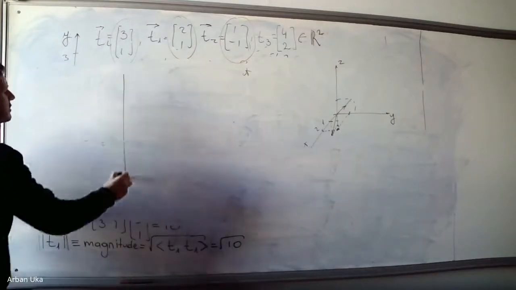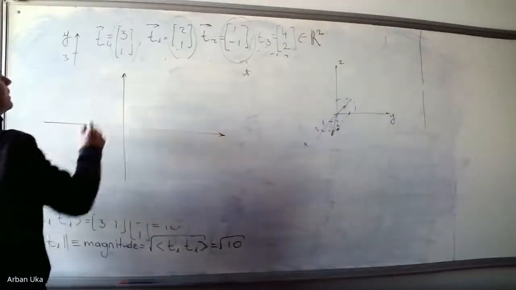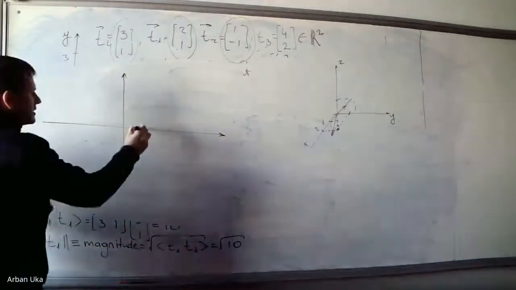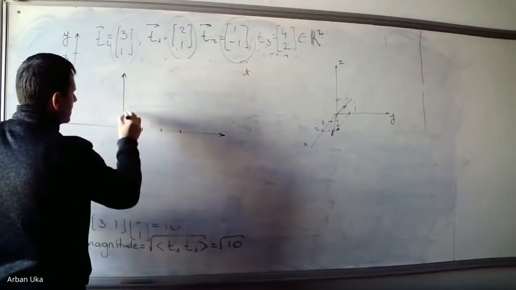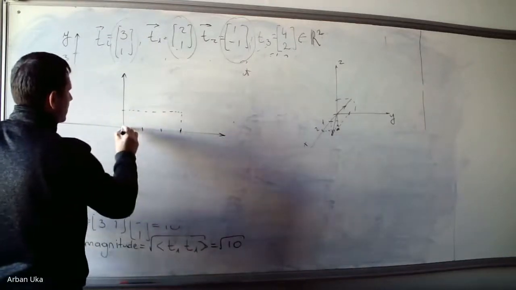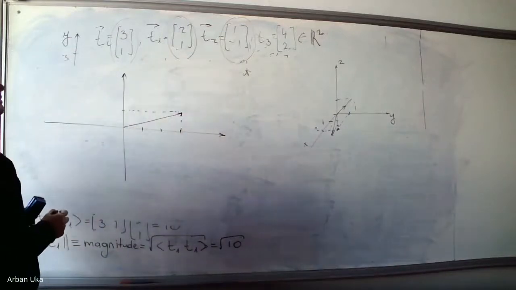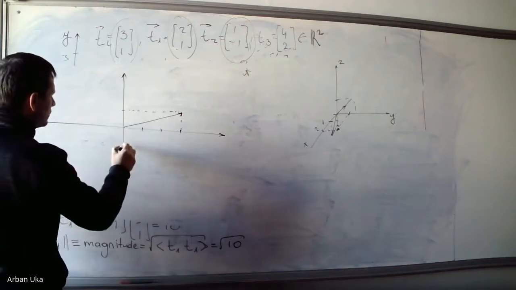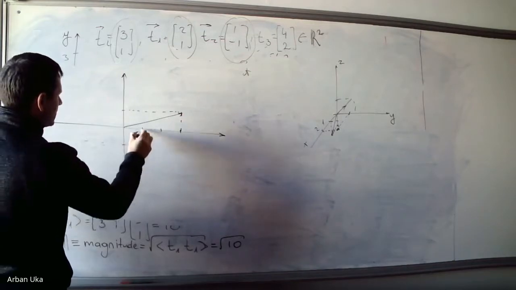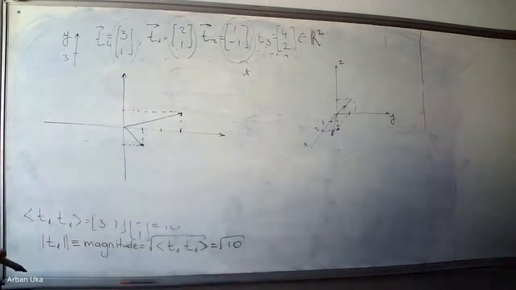So let's assume that we have here the vector 3, 1. This is 1, 2, 3, 1. And we have the vector, let's pick 1 minus 1, T2, 1 minus 1. It is this vector here. I wish I had drawn this a little larger, but I hope it's also clear to you.